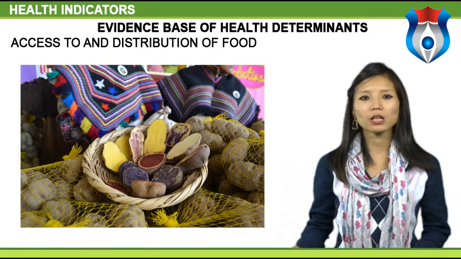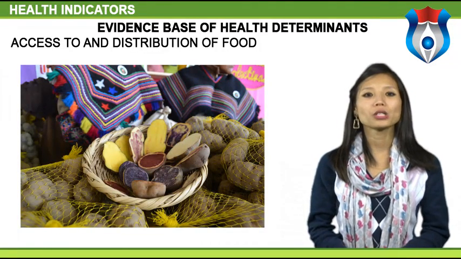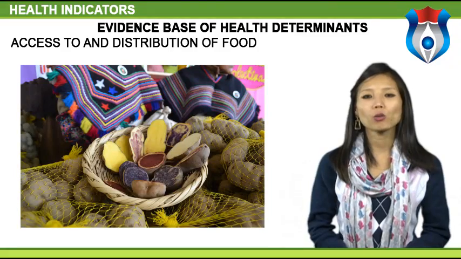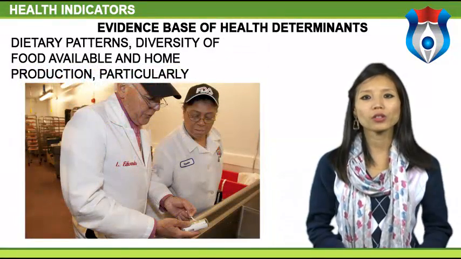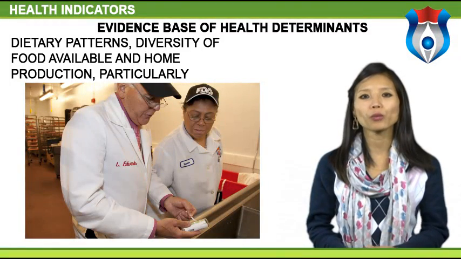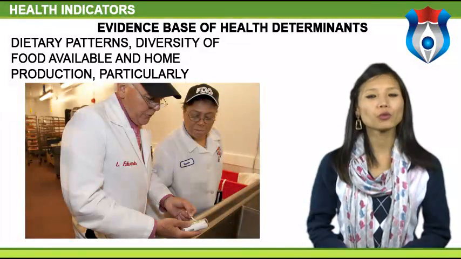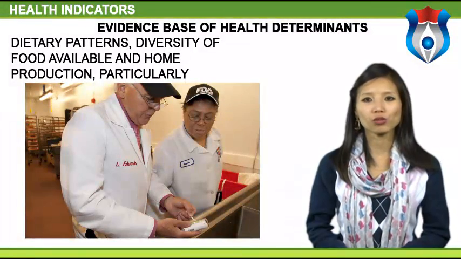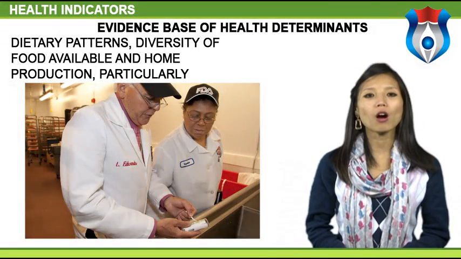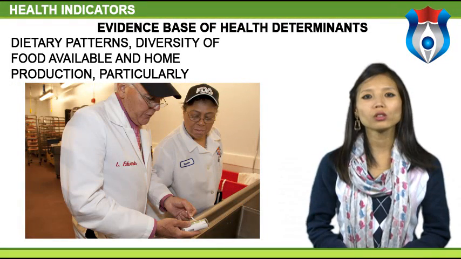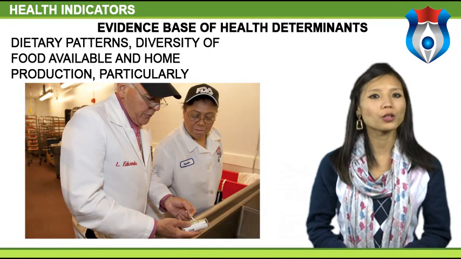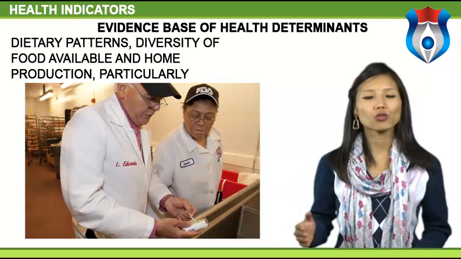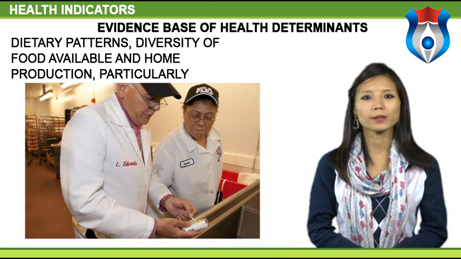Cold chain reliability, the safety of transporting products that deteriorate microbiologically in the heat. Dietary patterns, diversity of food available and home production, particularly fruit and vegetable consumption and reduced stroke, heart disease and risk of certain cancers. Total saturated and polyunsaturated fat, carbohydrates and sugars consumption on obesity, heart disease, stroke and other vascular diseases.